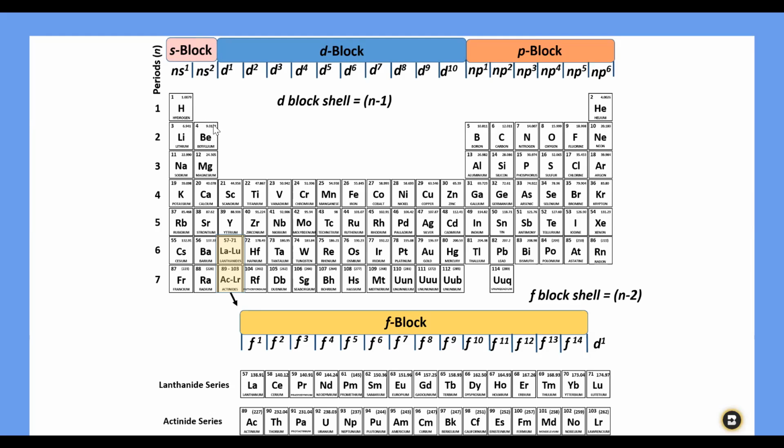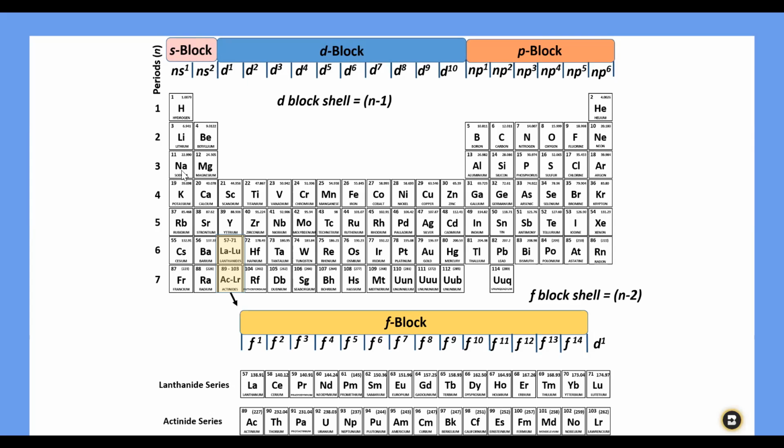If it's fluorine, 1s2, 2s2, 2p5. If it's neon, it will be 1s2, 2s2, 2p6.